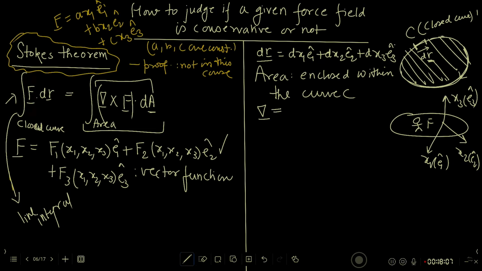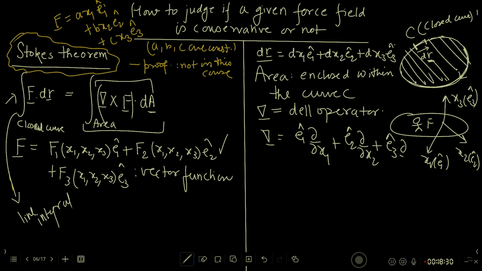This is called the del operator. In Cartesian coordinate system, it is written as follows. It's an operator. It acts on other things. There is a cross product with F itself.